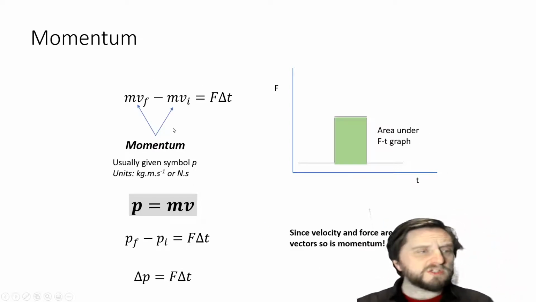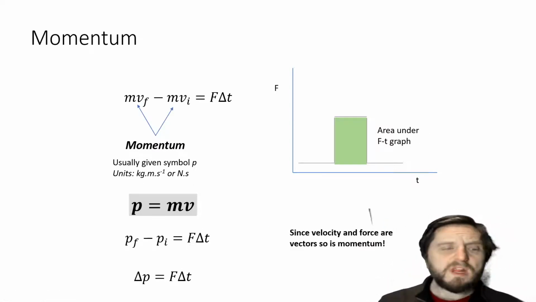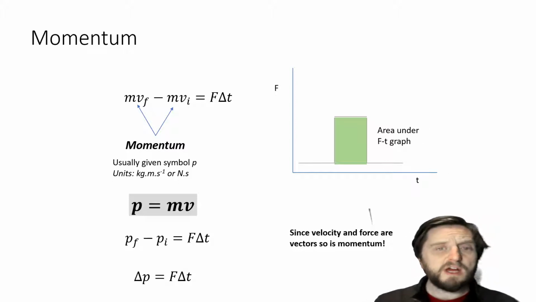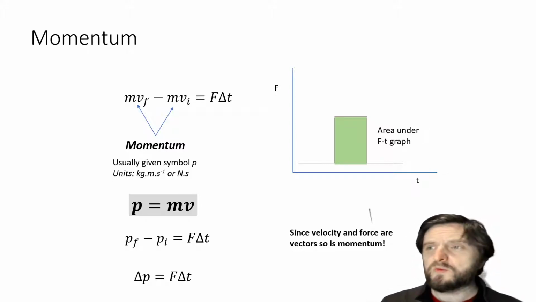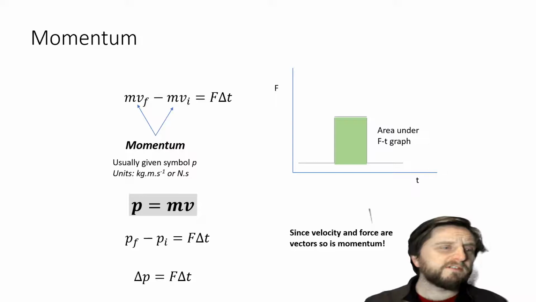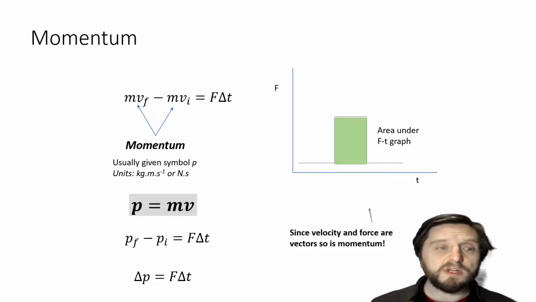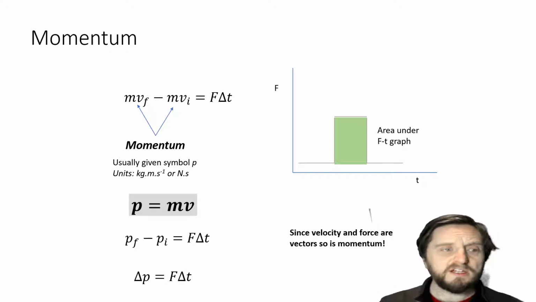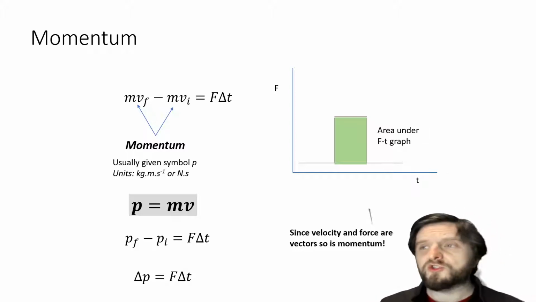So we looked at this concept of momentum, and we saw that it was really useful for looking at situations such as a collision, where it's very, very difficult to determine exactly what the internal forces within that collision are, because they kind of change during the collision.